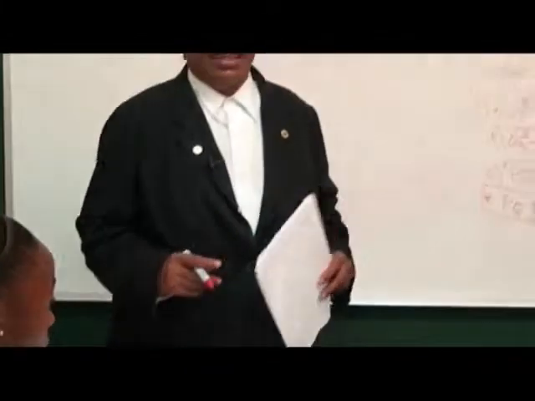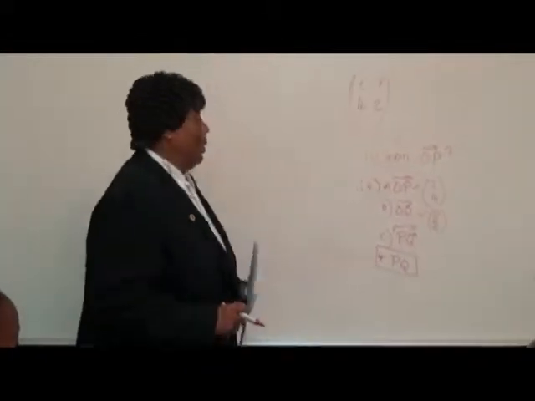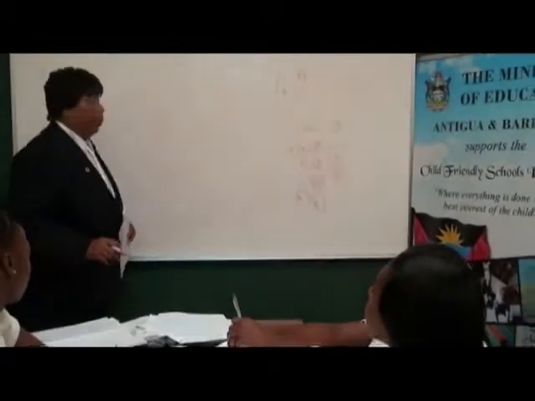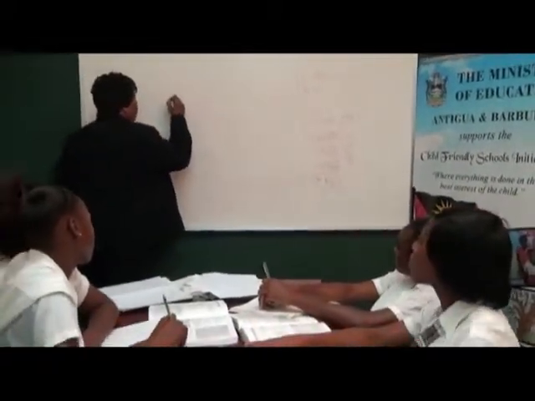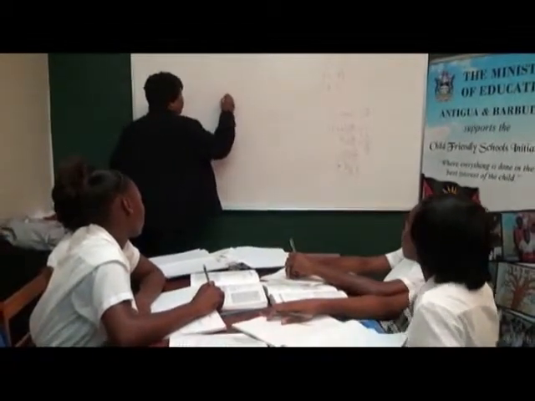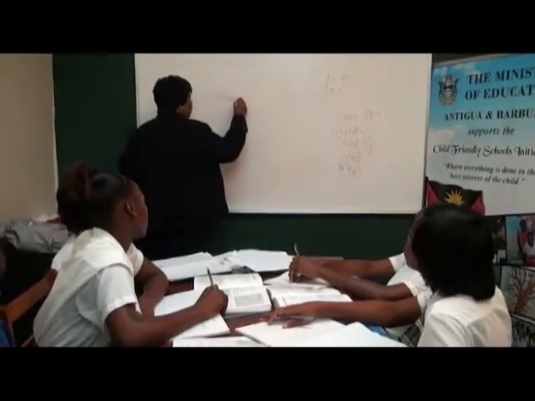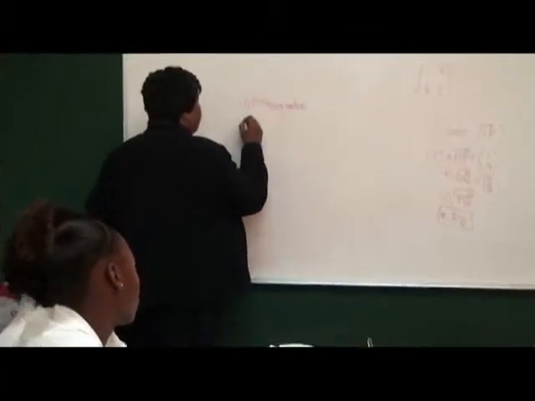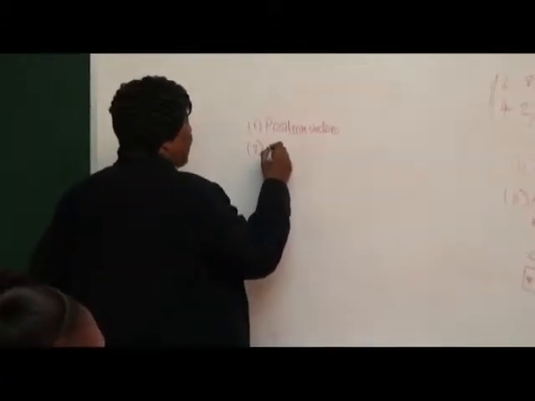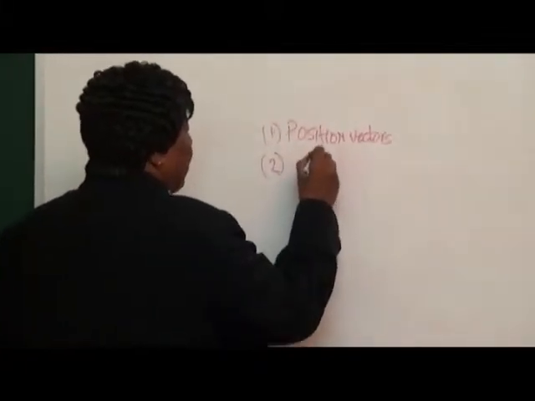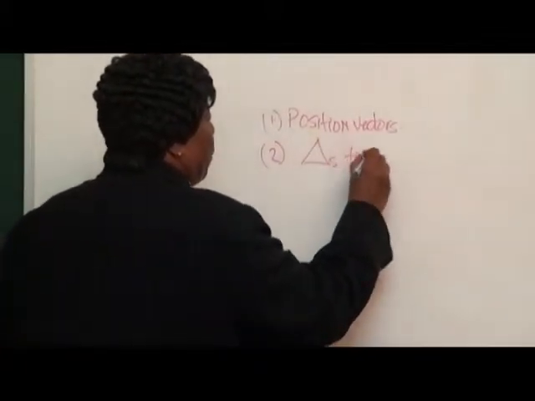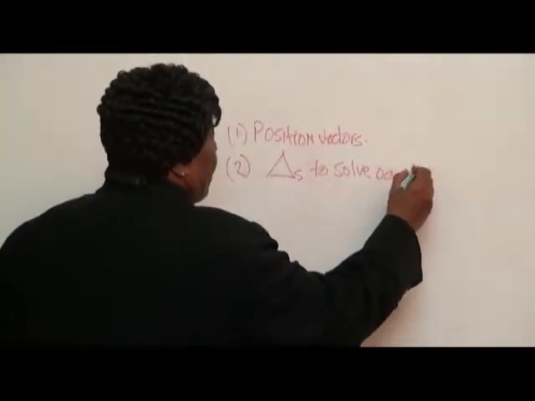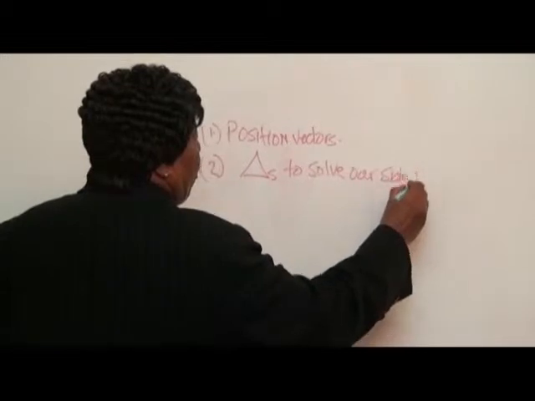Right, so we're back, and yes, we are workers, and we are ready to go. What did we just learn a while ago? Number one, we know what a position vector is. Is that true? Yes. Okay, position vectors. And number two, we are using triangles to solve side problems.